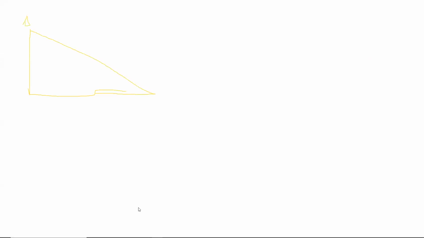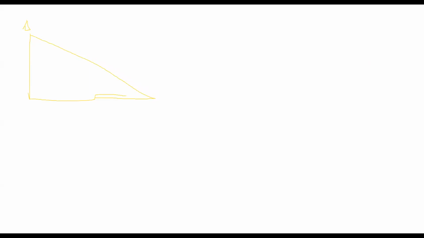So here we have A, B, and C. So AB equals 20, and AC equals 10. So here we have this bisector of angle BAC, and it ends here at D.